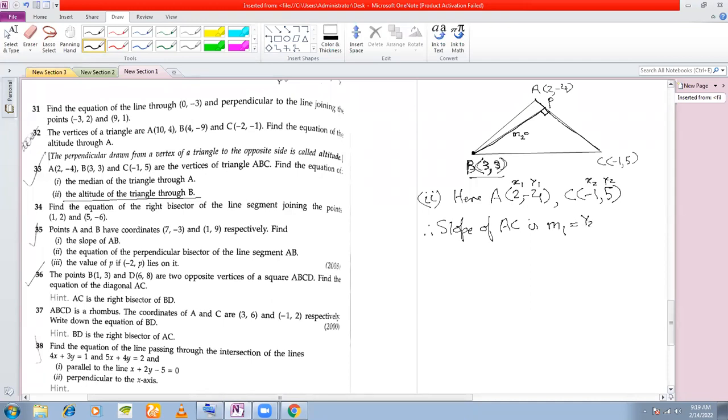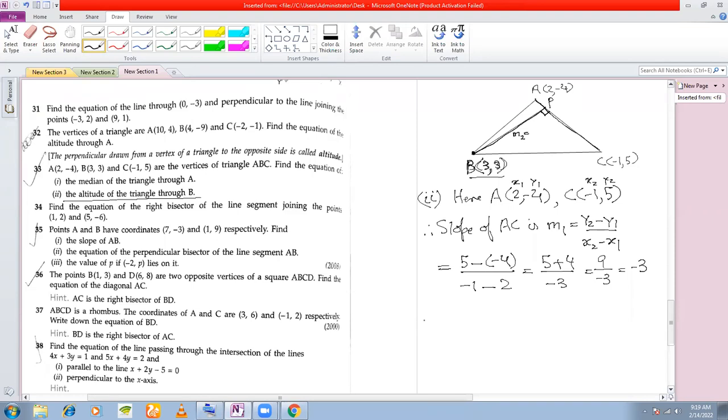So this will be Y2 minus Y1 by X2 minus X1. So this is 5 minus 4 by -1 minus 2, which is 5 plus 4 by -3, which is 9 by -3, which will give you -3, right? So this is the slope of AC.